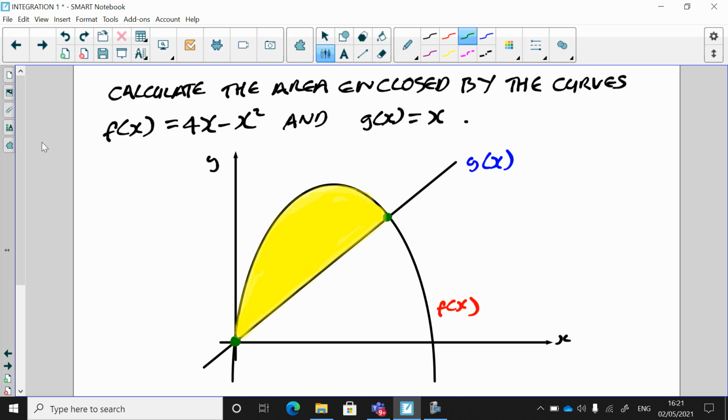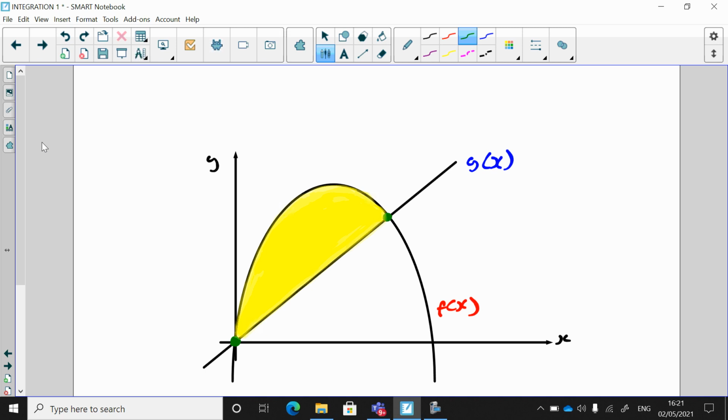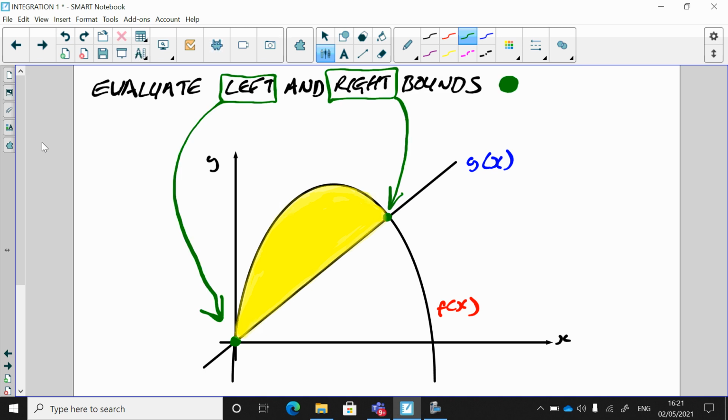Well, certain things I need to know here. I need to know about the left and right extent of the x values. That's what I'm talking about here. How far are we going from left to right? Okay, so in terms of this, how far are we going left to right?